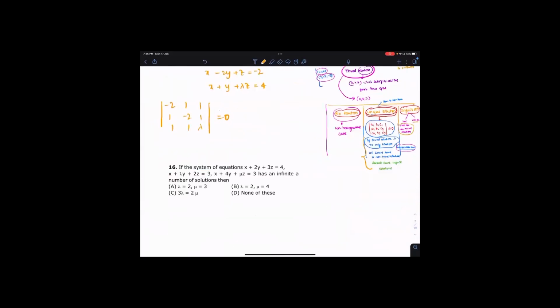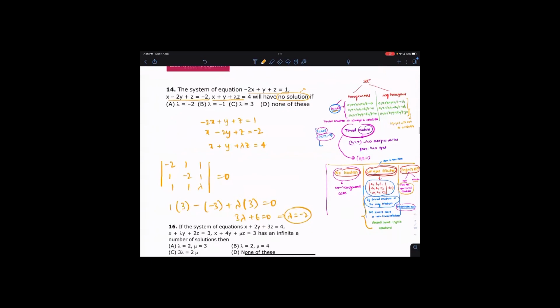Now what will I get if I solve for lambda? I'm taking the third row: 1 into (1 plus 2), which is 3, minus 1 into (minus 2 minus 1), which is minus 3, plus lambda into (4 minus 1), which is 3. So we are getting 3 lambda plus 6 equal to 0, which implies lambda equals minus 2.